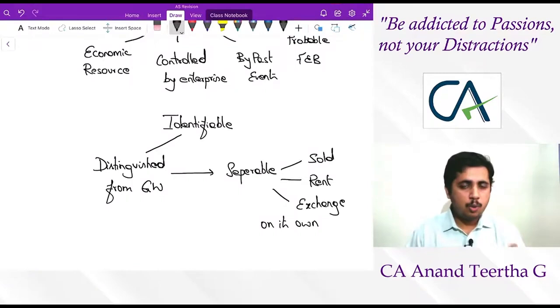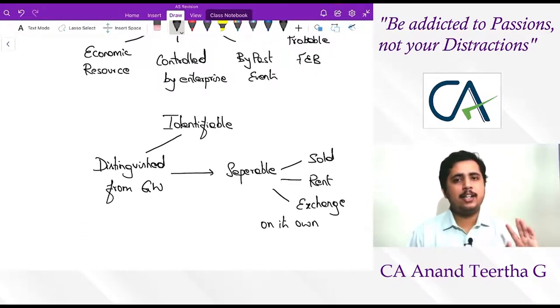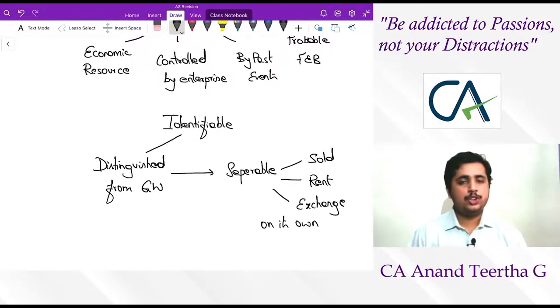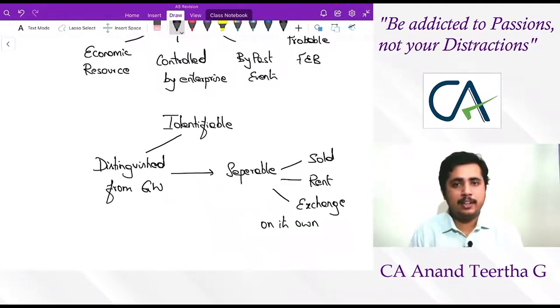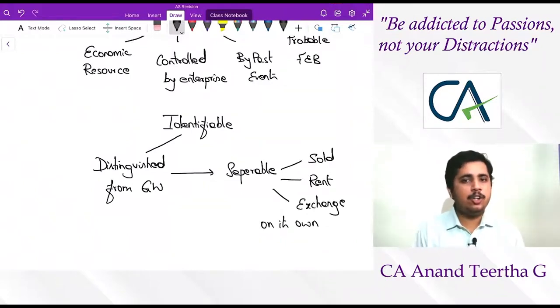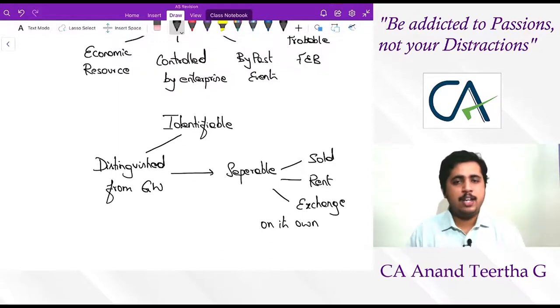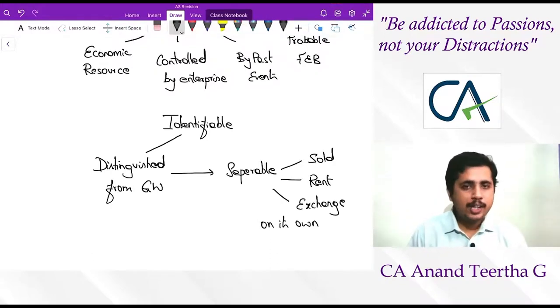Can we only buy the goodwill of that concern? Not possible. If you want to buy the goodwill, buy the entire shop. So shop and goodwill are inseparable. You cannot directly go and buy the goodwill of Reliance Industries. If you want to buy the goodwill of Reliance Industries, buy the entire company. You can't buy only the goodwill of it.